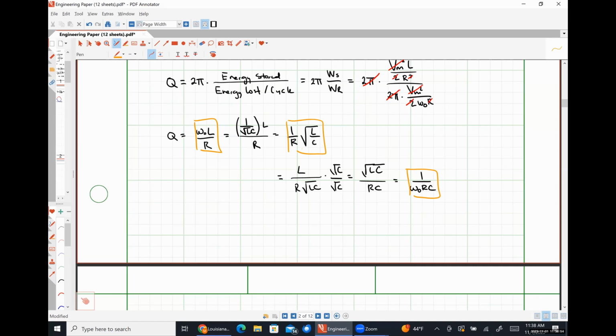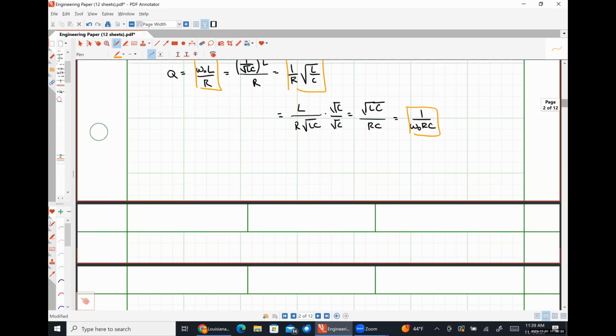So all three of these are ways to represent our quality factor for our series RLC circuit. Any questions about any of this algebra before we move on to bigger and better things? All right.